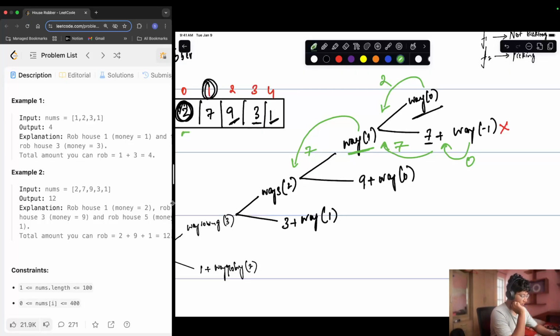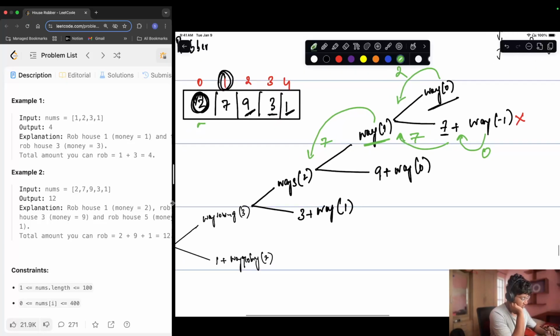Now ways of picking 0 is 7, so the left subtree has returned 7 to ways of 2. Now I'm going to the right subtree, right? Right subtree is nothing but 9 plus ways of 0. Ways of 0, we would just return 2, right? So this would have 11, so this would basically return us 11. Okay.